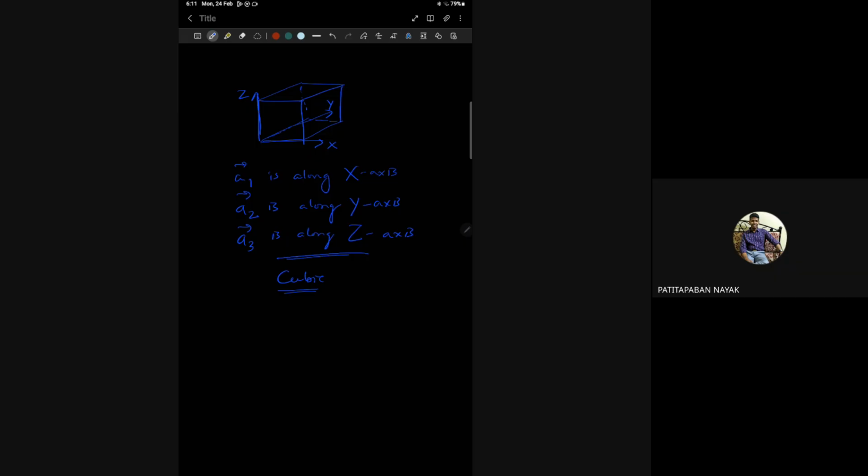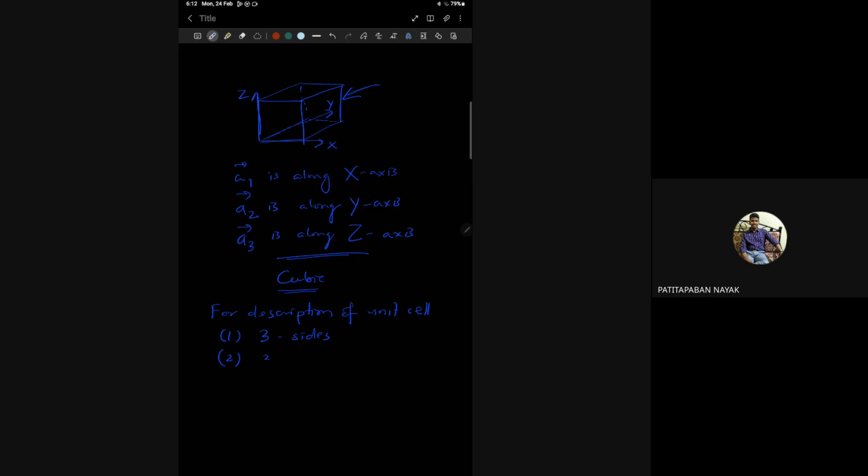But if it is not cubic, then this kind of three-dimensional object is called a rhombohedral type or a cuboid type in general. So if we try to describe the unit cell, first thing we need is three sides.